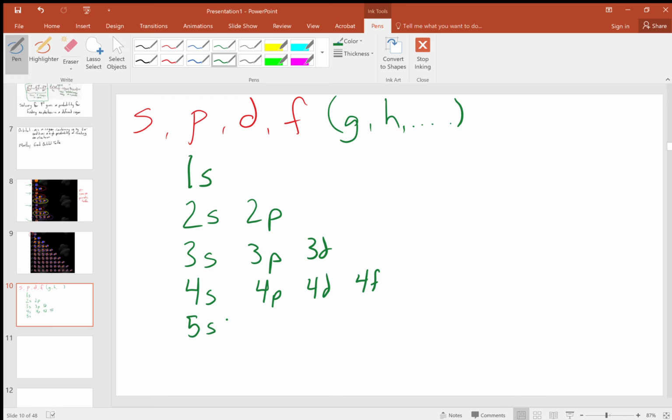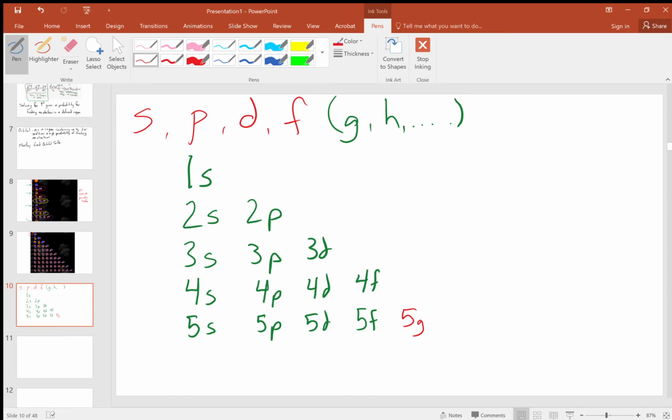When we go to 5, we can have s, p, d, and f as well. And in theory, we could also have a 5g. Now I'm putting that in parentheses because as of right now, the 5g orbital is irrelevant.